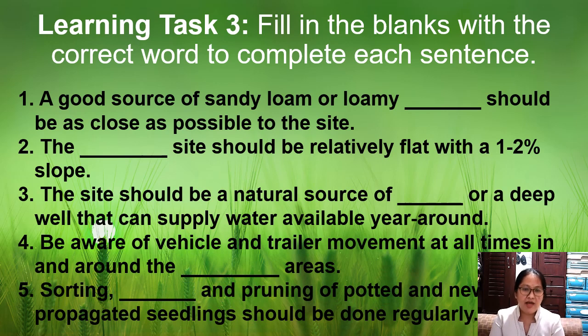The blank site should be relatively flat with a 1 to 2% slope. Number 3. The site should be a natural source of blank or a deep well that can supply water available year-round.